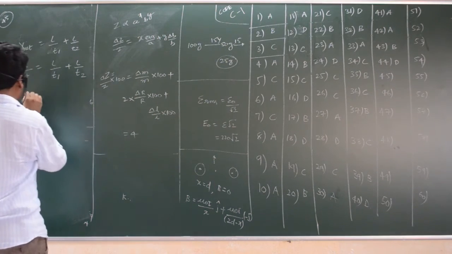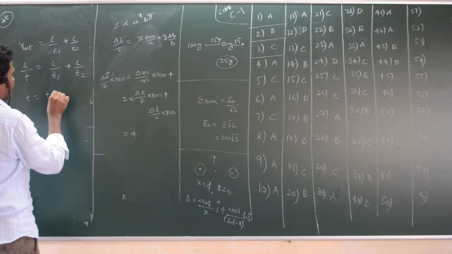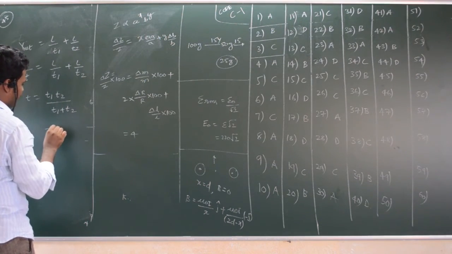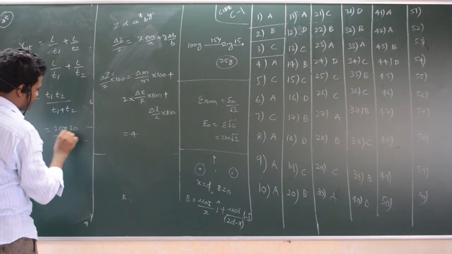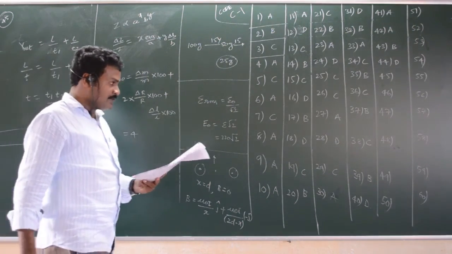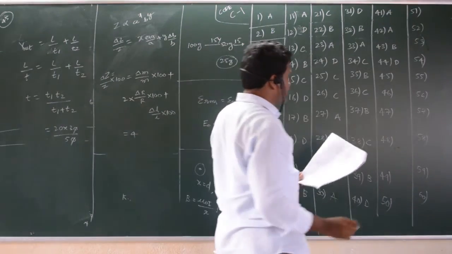If you solve, you will get T is equal to T1 T2 by T1 plus T2, that is 20 into 30 by 50. If you solve this, you will get 12 seconds. So 45 is C.